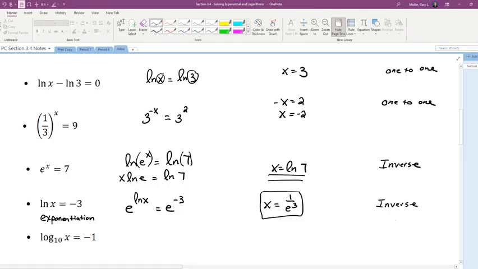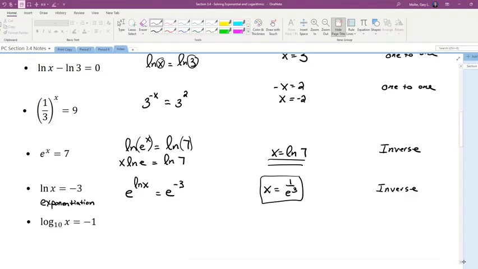Once again, we could have got to the same exact answer by just switching it around. Log base e, so it's e to the negative third equals x. All right, so then on this one, we would technically exponentiate, which would be raise the whole side to the 10th power, since it's log base 10.